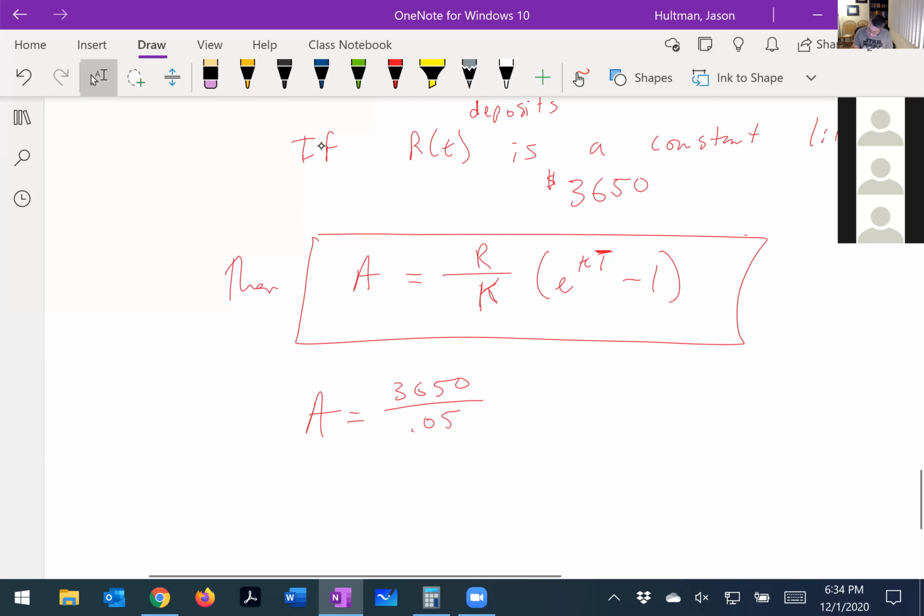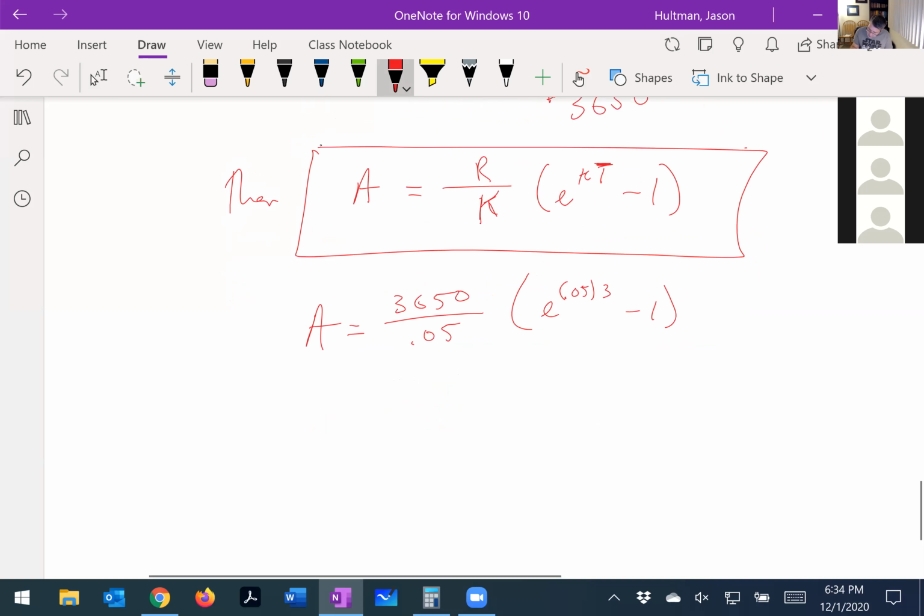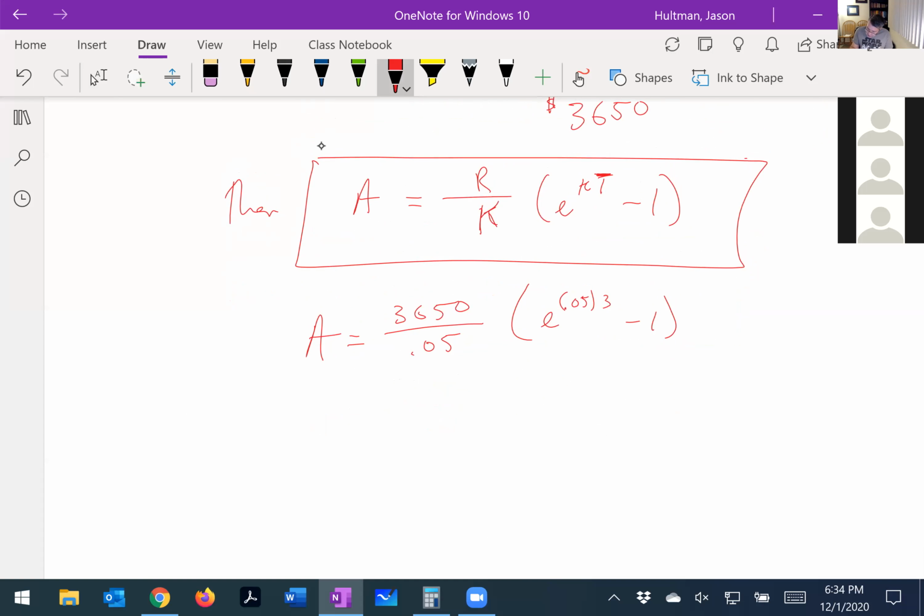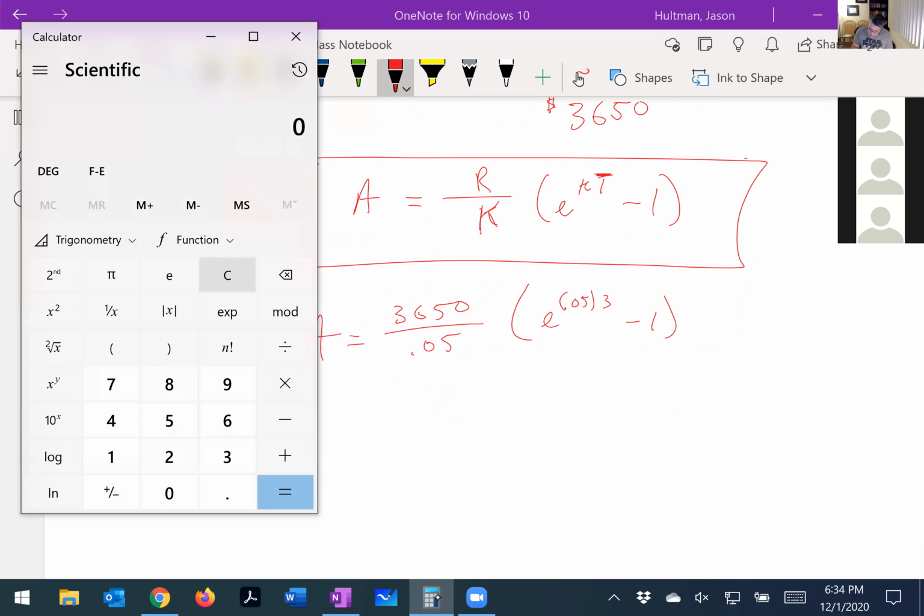Okay, and then everything else is after how many years? Well, this would be after 3 years, right? So e to the k, which is 0.05 times 3, minus 1. Okay, so let's plug that into the calculator. Clear. We get 3650 divided by 0.05 is 73,000.